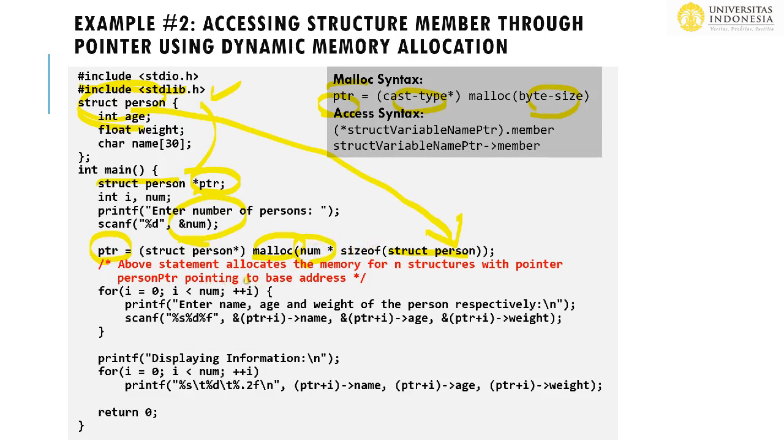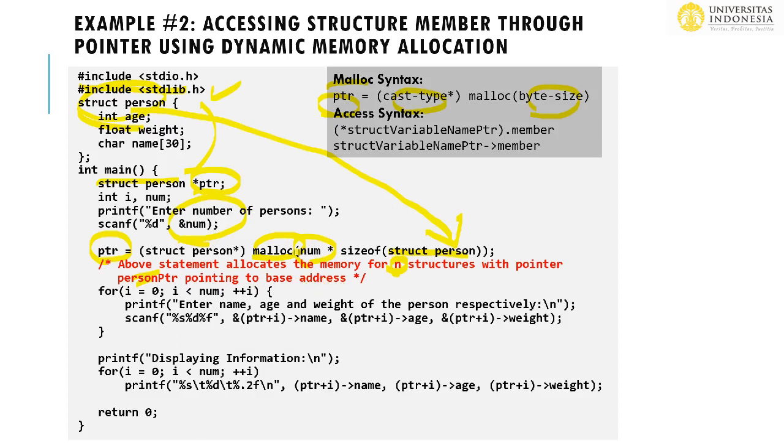Okay, so the statement allocates the memory for n structures, meaning num structures, with pointer ptr. Sorry, I mistakenly mentioned this already. The ptr is pointing to the base address.